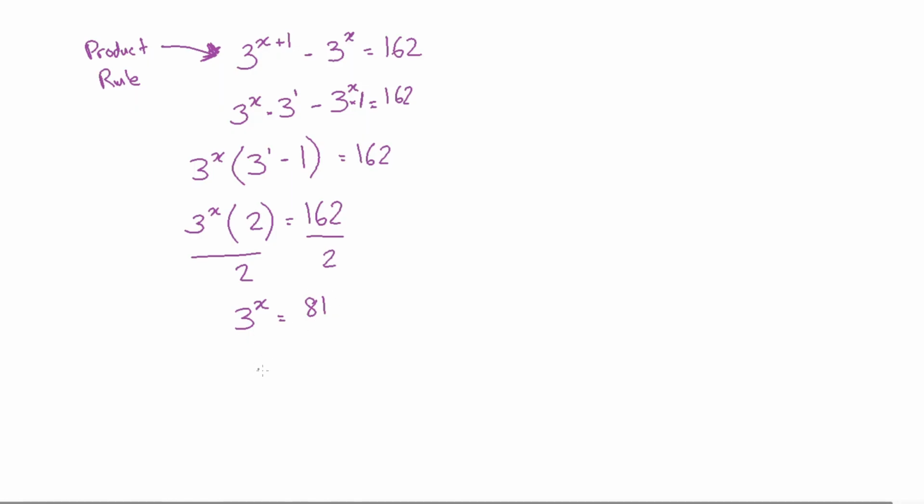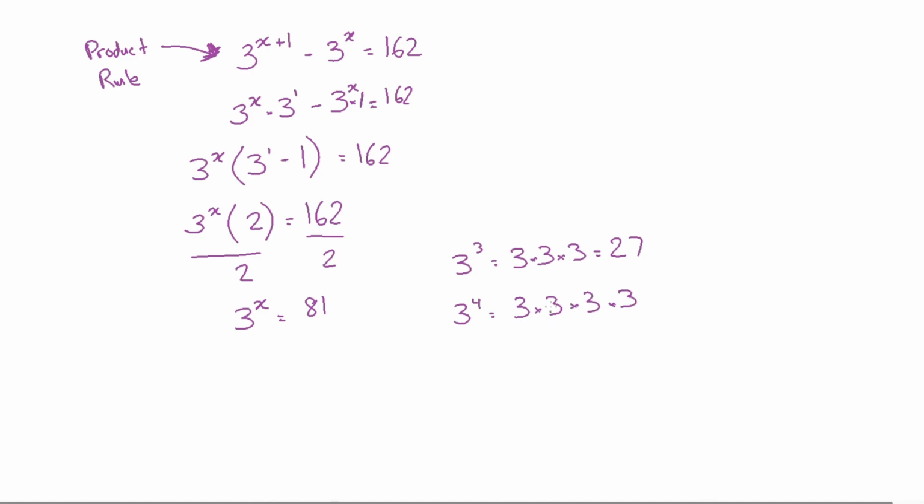Well, think about it. Let's see. Well, 3 to the first is 3. 3 to the second is 9. 3 to the third, what is that? That's 3 times 3 times 3, and that's 27 because 3 times 3 is 9 times 3 is 27. Let's see. Maybe 3 to the fourth will work. Well, 3 to the fourth is 3 times 3 times 3 times 3.